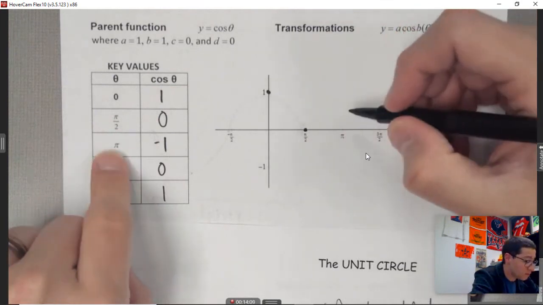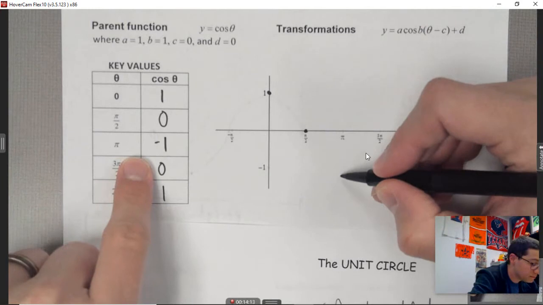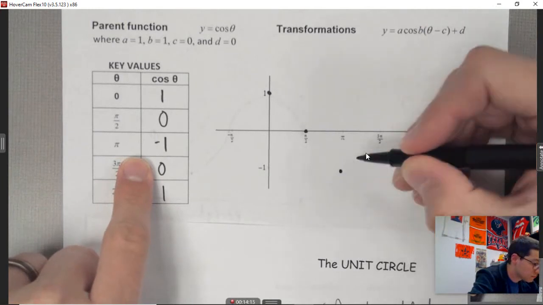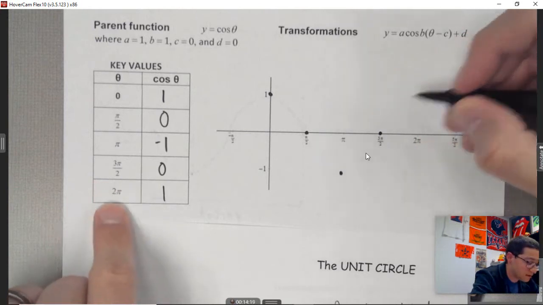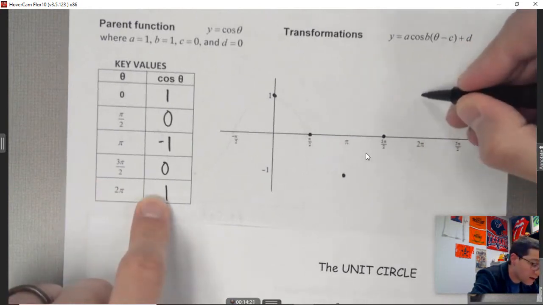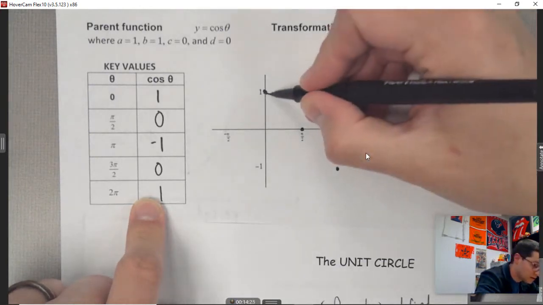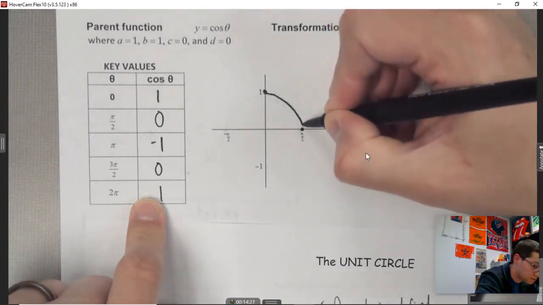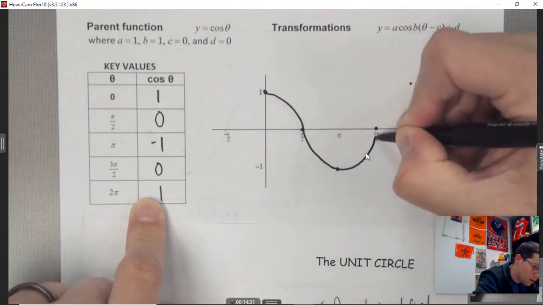Pi, right? -1. So down here. Okay, and then 3 pi over 2, back to 0, and then 2 pi back up to 1. So this one is going to look like this. Right there.